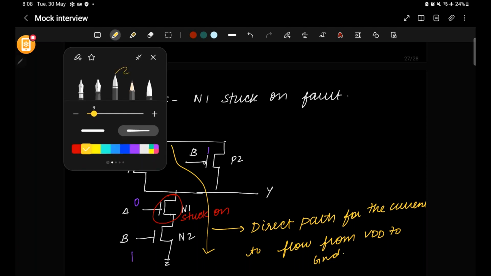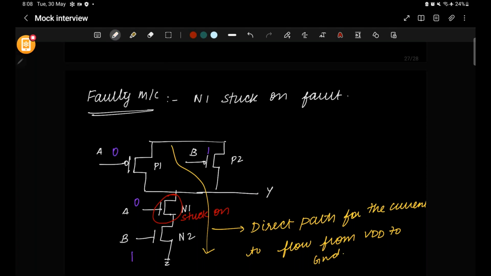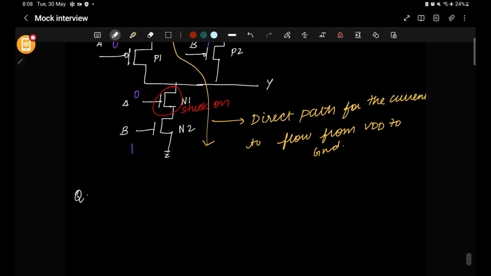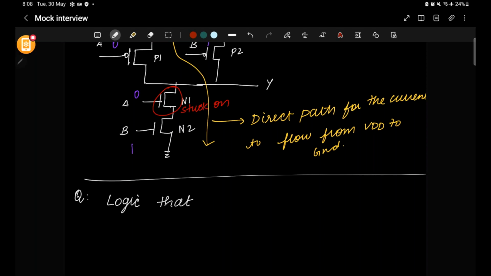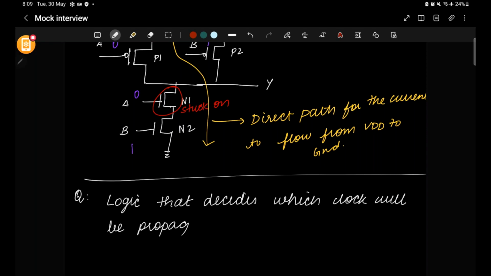Okay. So I'll just ask two more questions. Yeah. Okay. Can you explain the logic that decides which clock will be propagated during shift and capture?